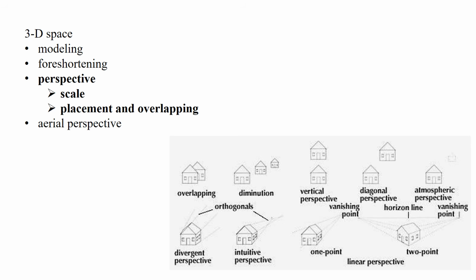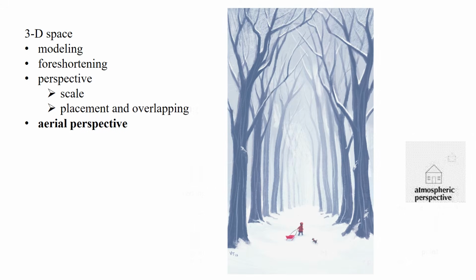Some artists have used placement, either vertical or diagonal, to suggest relative distance, but this is merely a pictorial convention. Atmospheric perspective, or aerial perspective, is another way to suggest distance. This is when objects become less distinct and less saturated with color as they get farther away.